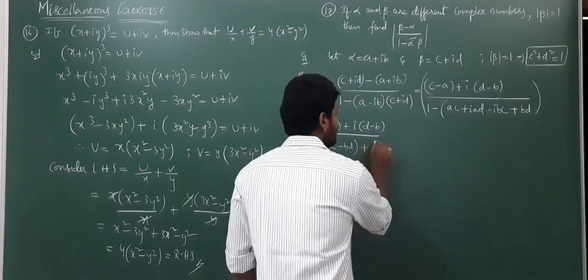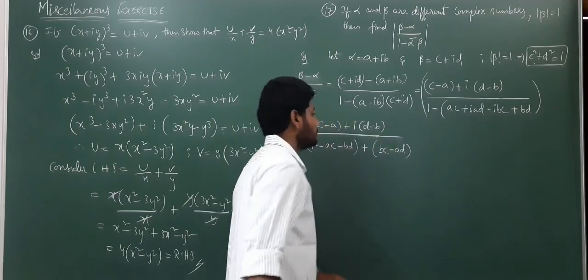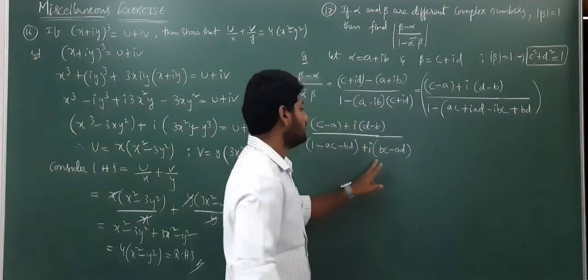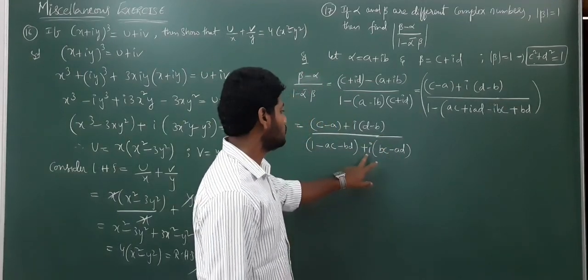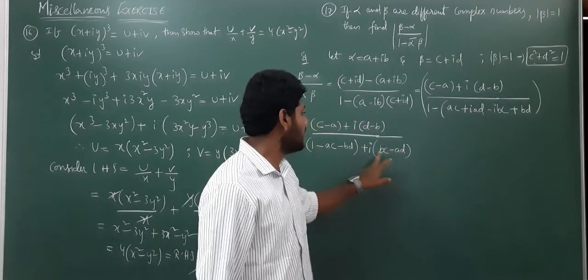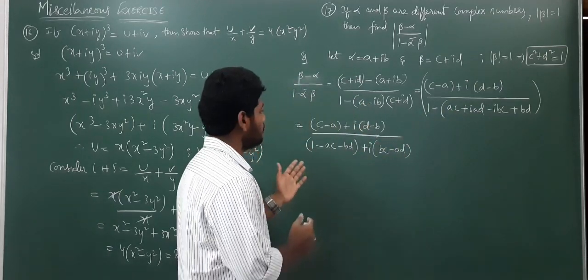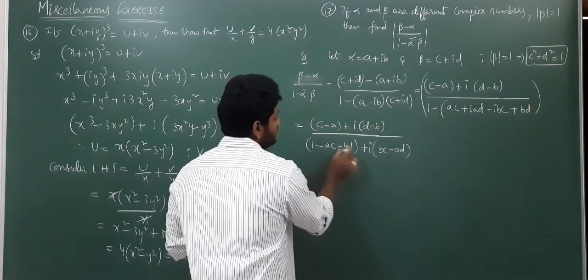If we take i common, it will become bc minus ad. Check it. If you take i common, it will become bc minus ad. So plus ibc, and minus into minus, minus iad.